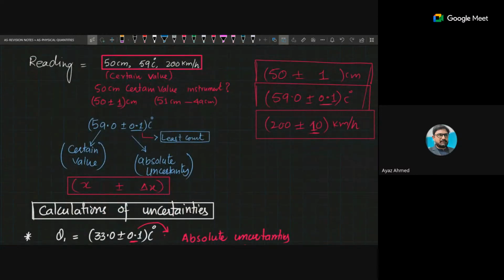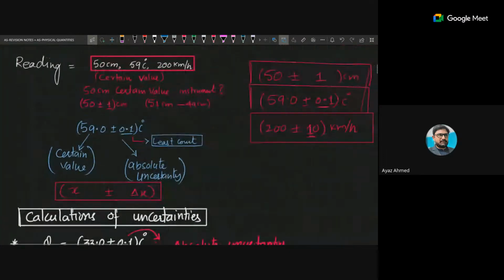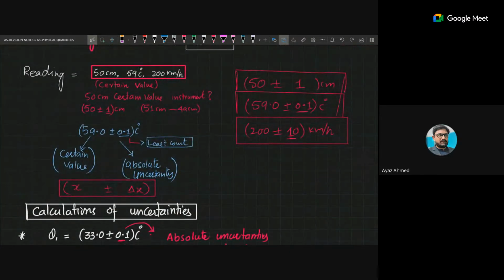For example, if we have the readings 50 centimeter, 90 degrees centigrade, 200 kilometer per hour, these are all certain values. But along with the uncertainty, these values have some absolute uncertainties: 50 plus minus 1, 59.0 plus minus 0.1, 200 plus minus 10 kilometer per hour, and so on.